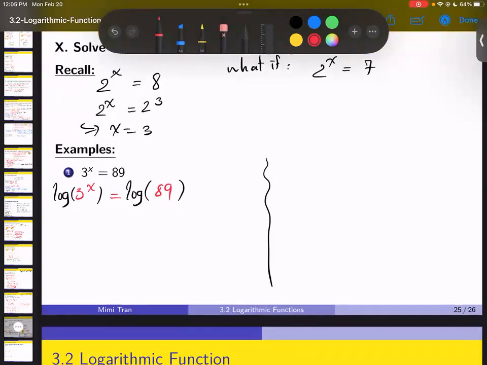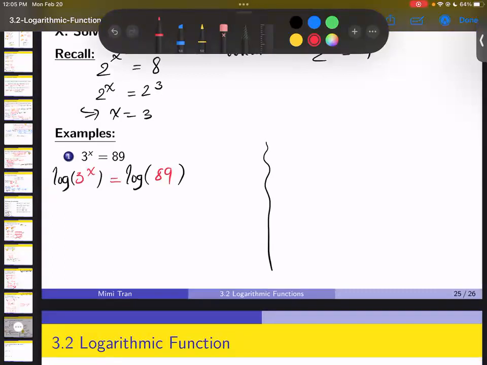Remember the power rule, the parachute rule. I can bring the x down, right? I can bring the x down to the front and multiply by log base 10 of 3. Remember that rule, your parachute rule. So x times log of 3 equal log of 89.